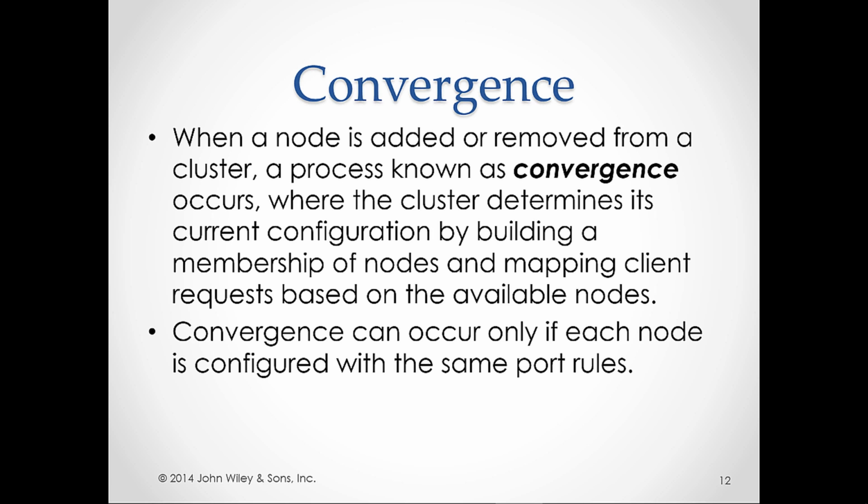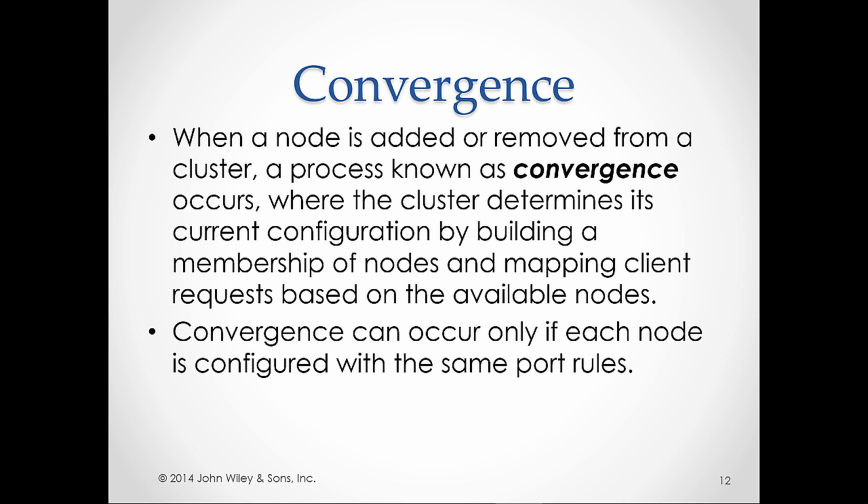We have this concept called convergence. When a node is added or removed from a cluster, a process known as convergence will occur. This is where all the nodes know about all other nodes, and they all have the same current configuration, and that includes building membership of nodes that map to client requests.